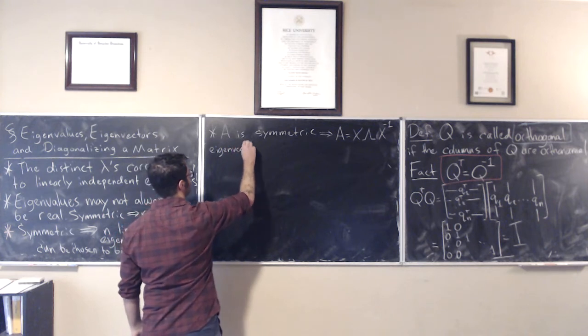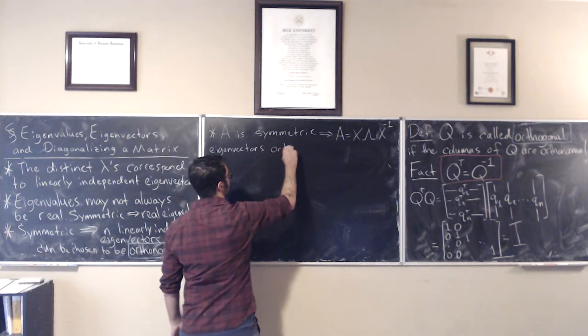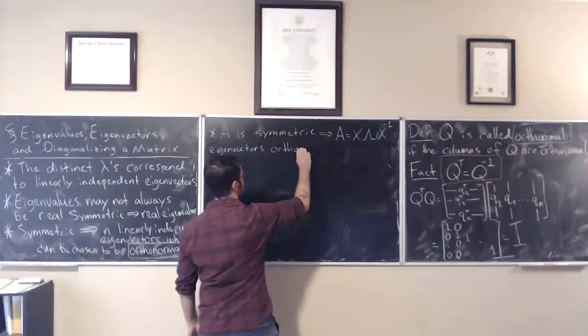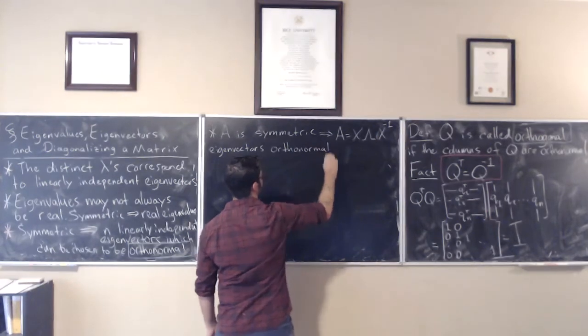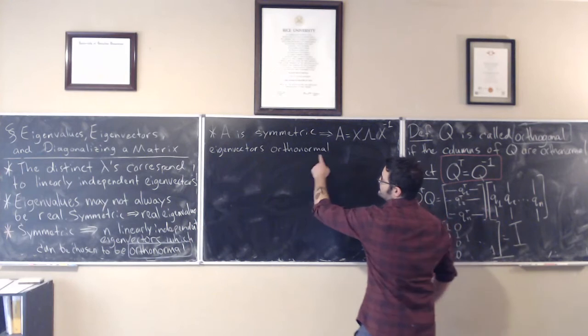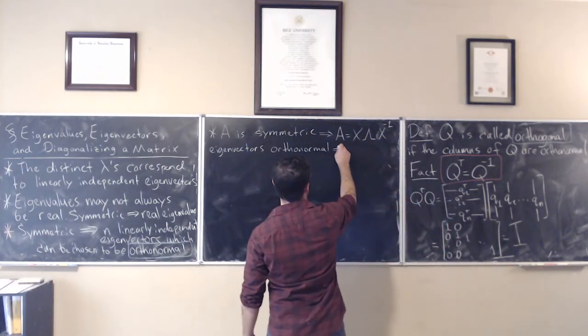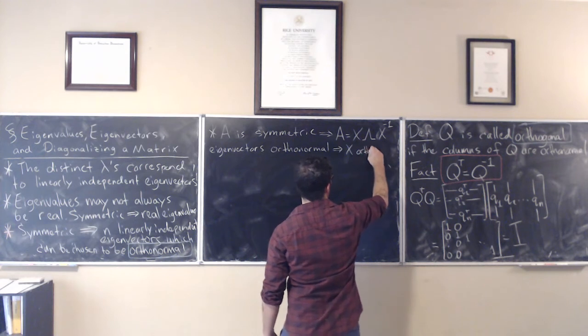Eigenvectors orthonormal. So we can get this orthogonal matrix. So eigenvectors orthonormal imply X orthogonal.